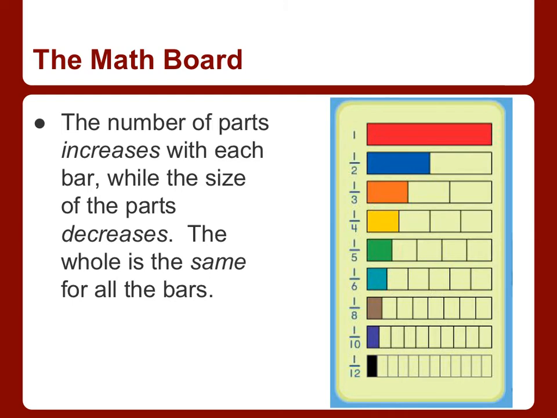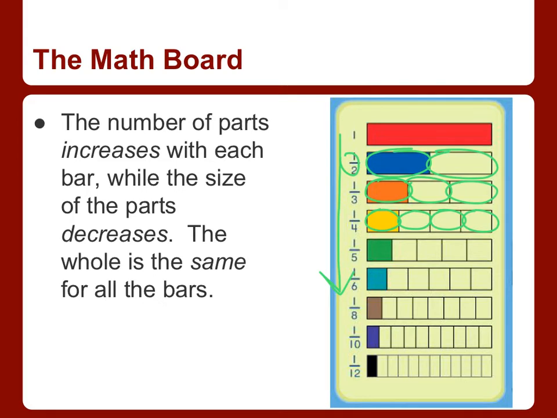The number of parts increases, meaning gets bigger, with each bar, while the size of the parts decreases. The whole is the same for all of the bars. So as you look from the whole down, the number of parts starts off, let's say with halves, there are 2 parts, and then that number increases to 3 parts, 4 parts, and so on.